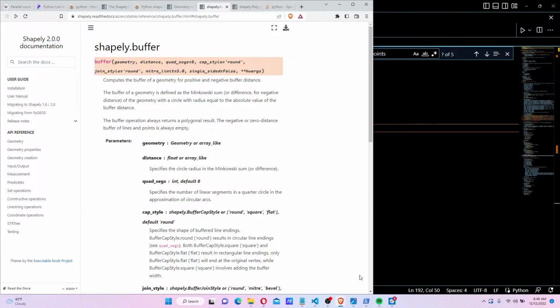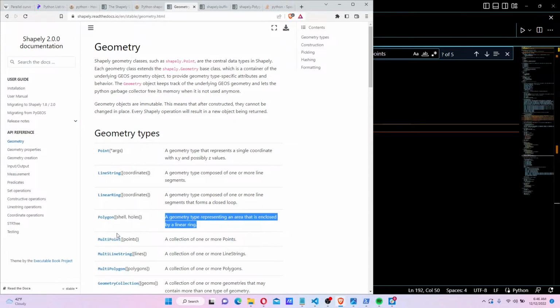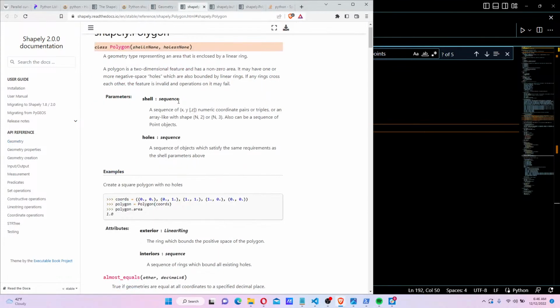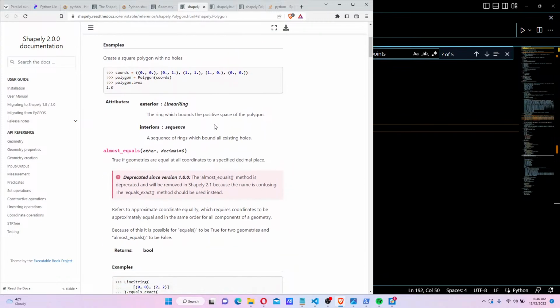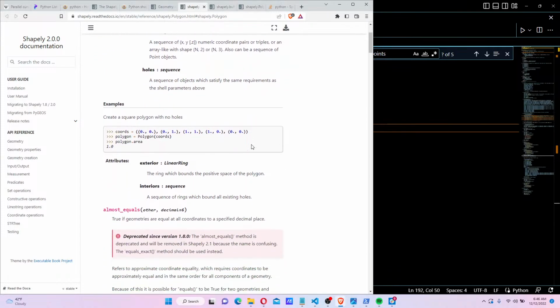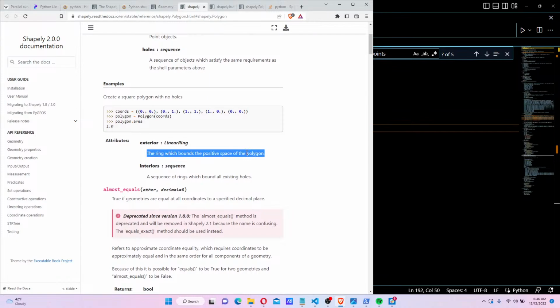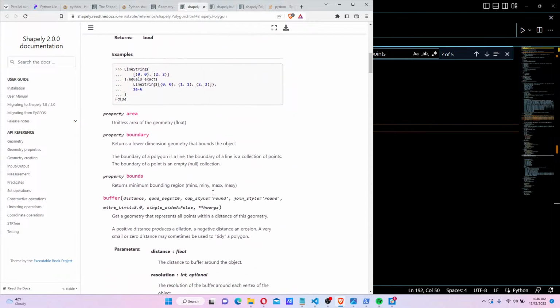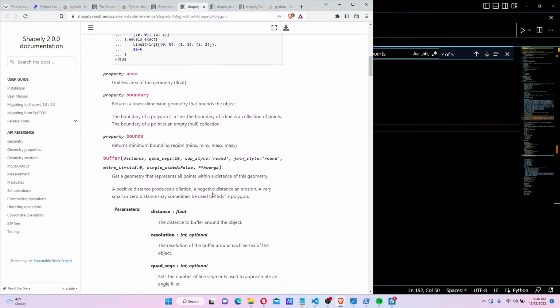Returns a polygon. Okay. So it returns a polygon. Dot bounds, dot buffer.